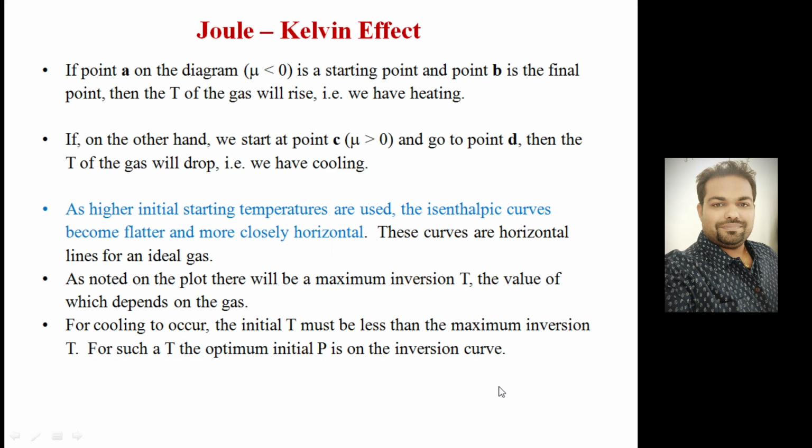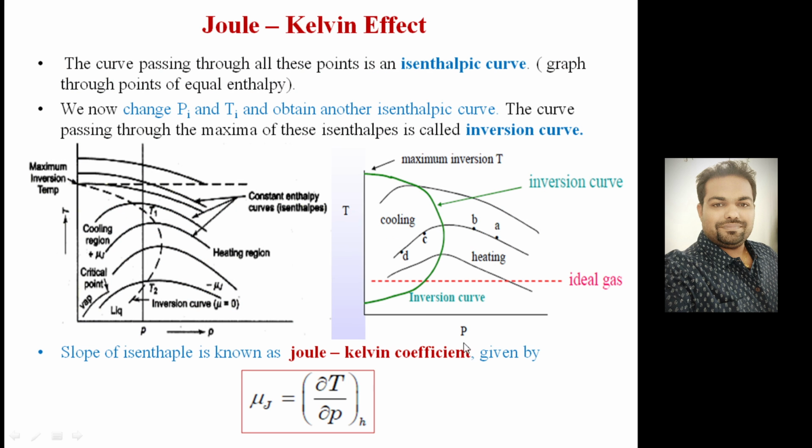Clear? At this point where the slope is negative, going towards point B represents the heating process. Where the slope is positive, going from C to D represents the cooling process, right? That's the basic idea.